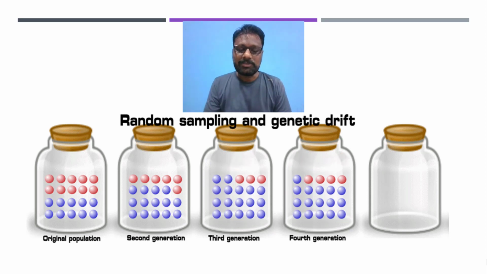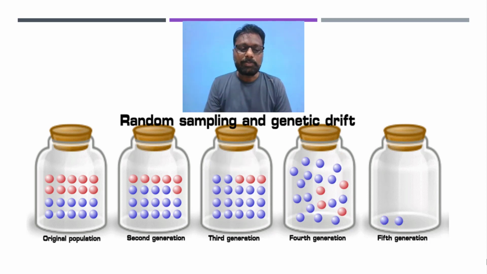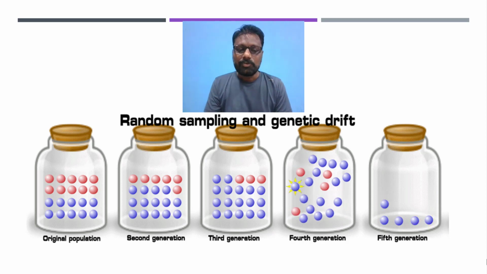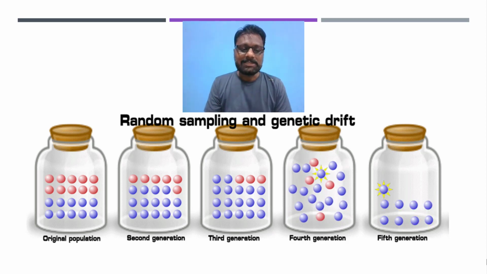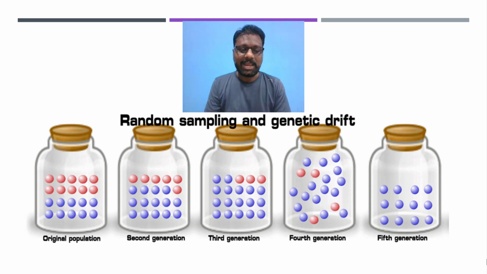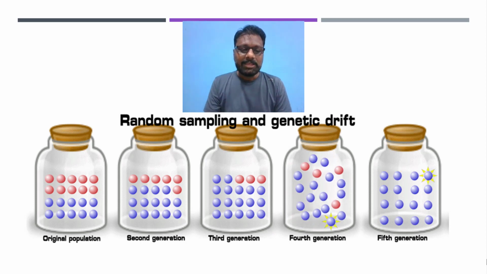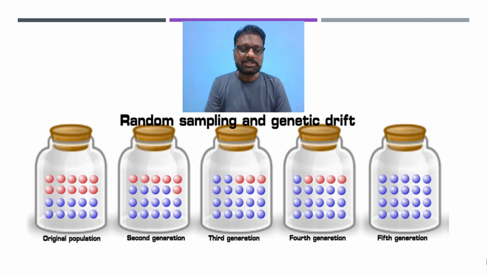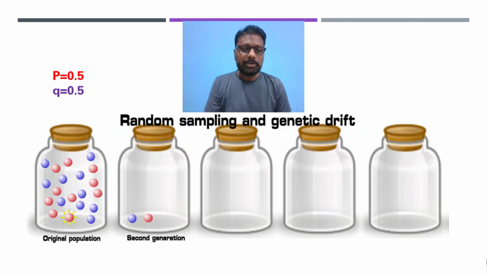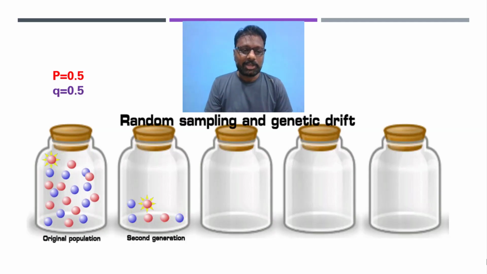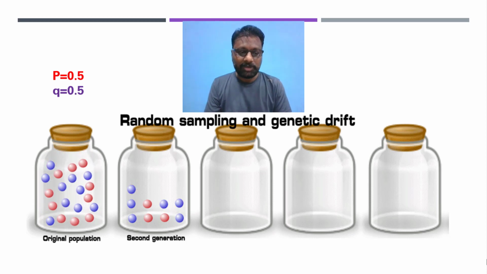Initially, the original population gene pool consists of 10 red alleles and 10 blue alleles, so the p value and q value are equal: p is 0.5 and q is 0.5.